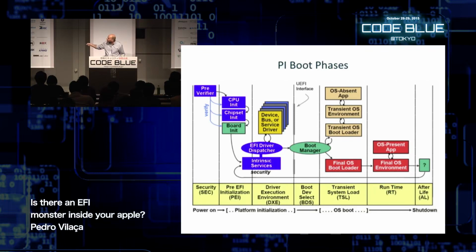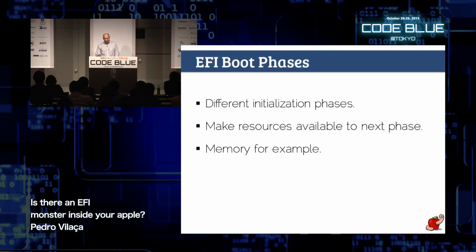EFI ends on this phase, and everything here is operating system stuff. As you can see, OS boot, and then you close your machine and things start to shut down. As I told you, one of the most important tasks of the PEI phase is to set up memory for the DXE phase.